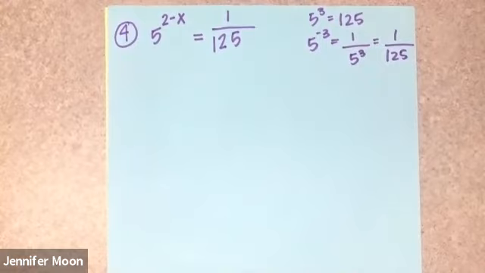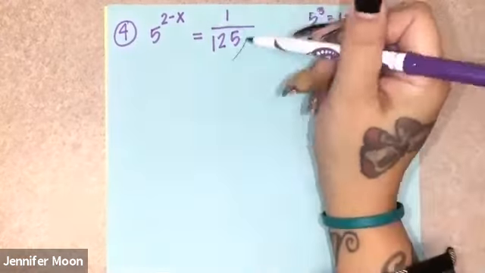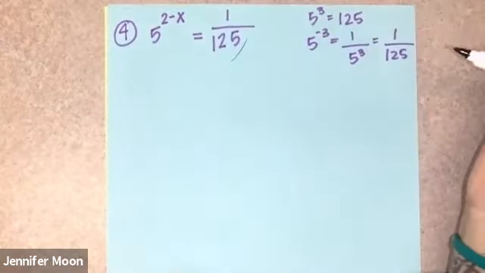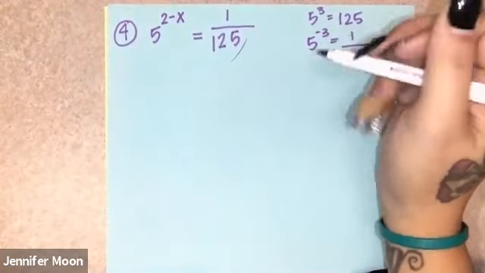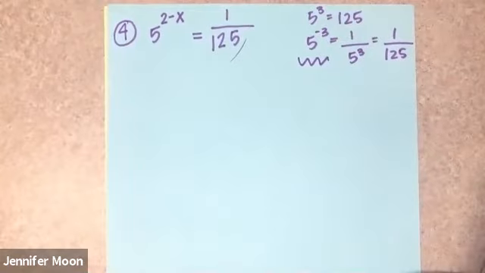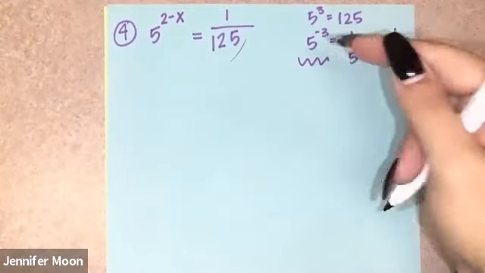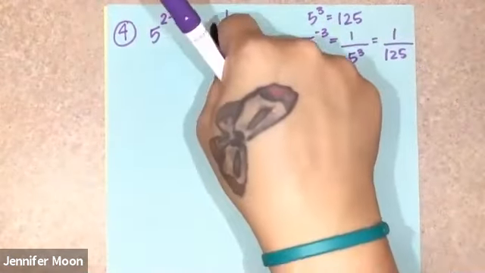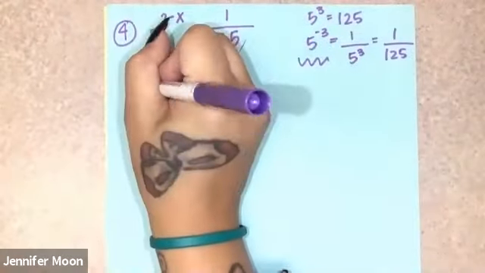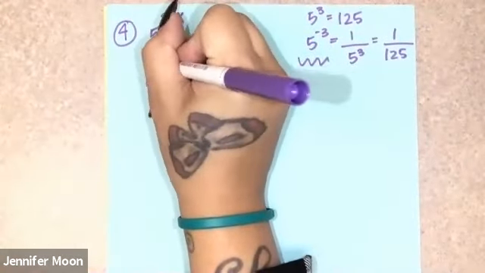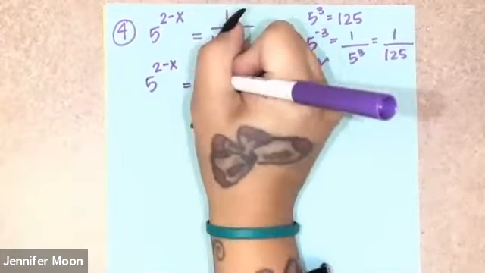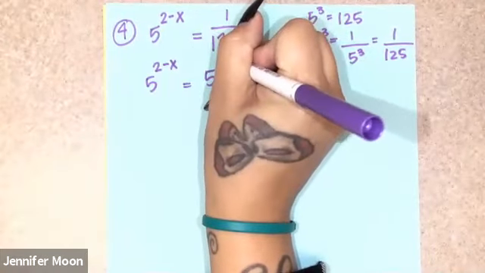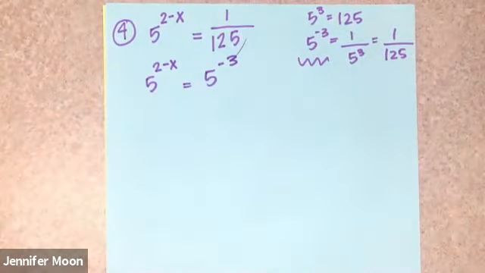That's just knowing that exponent rule and knowing what's going to get me here. So 5 to the negative 3 is going to be what this changes into. So I have 5 to the 2 minus x equals 5 to the negative 3.